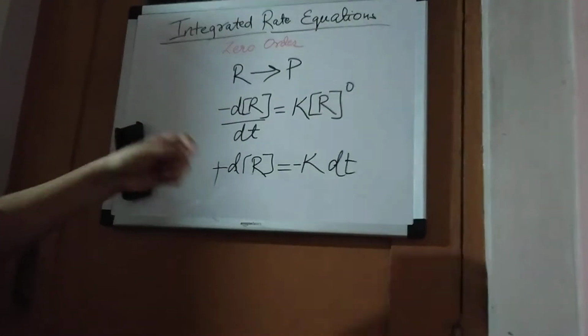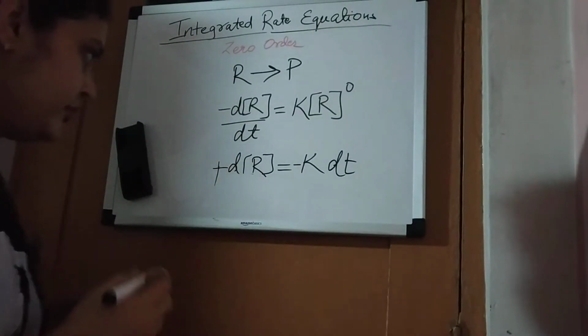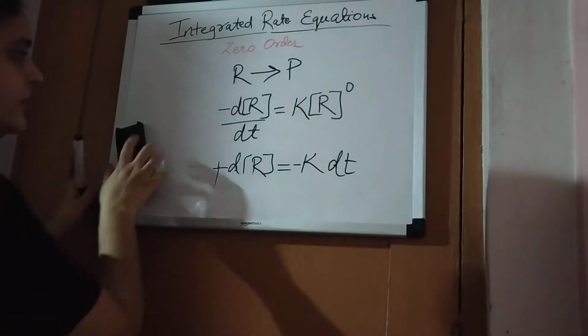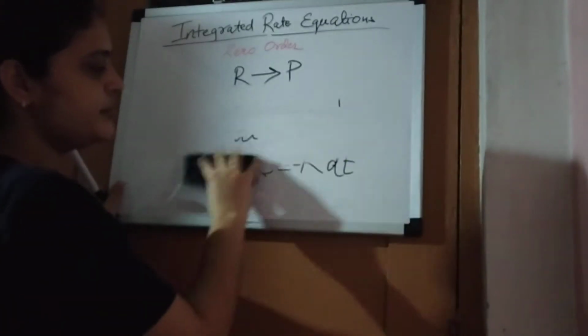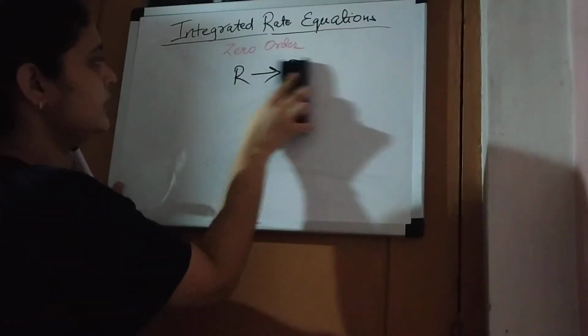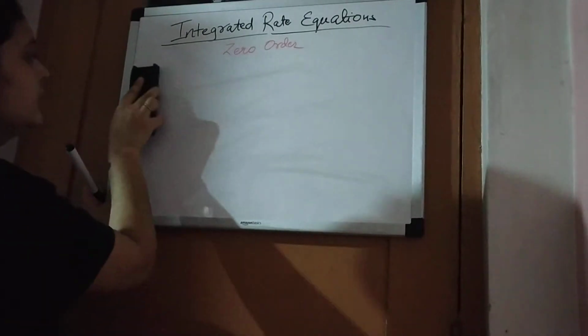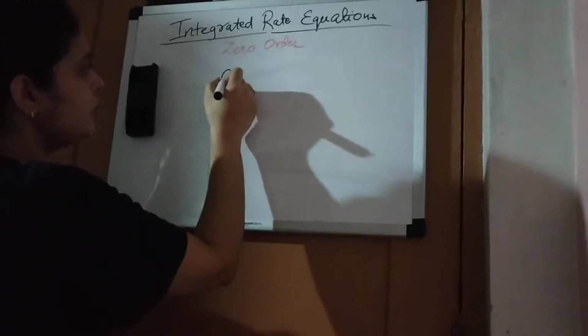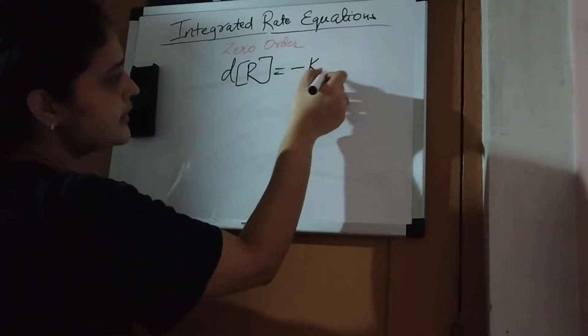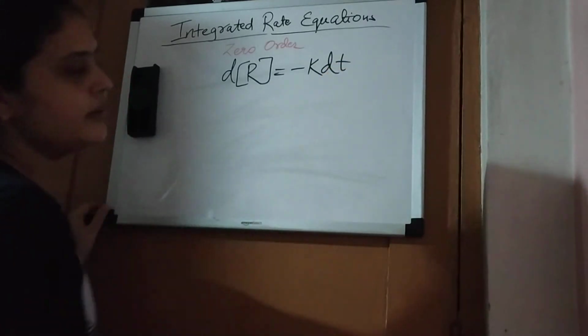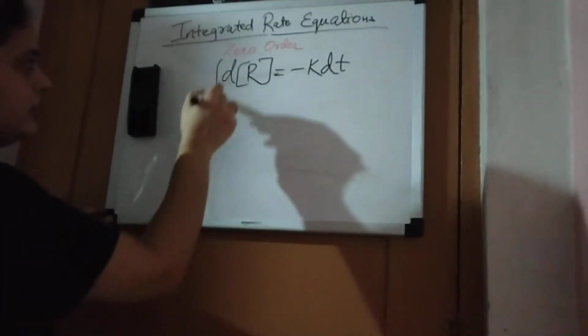Now we will integrate this equation. d[R] equals minus k dt. When you integrate this equation, what will you get?